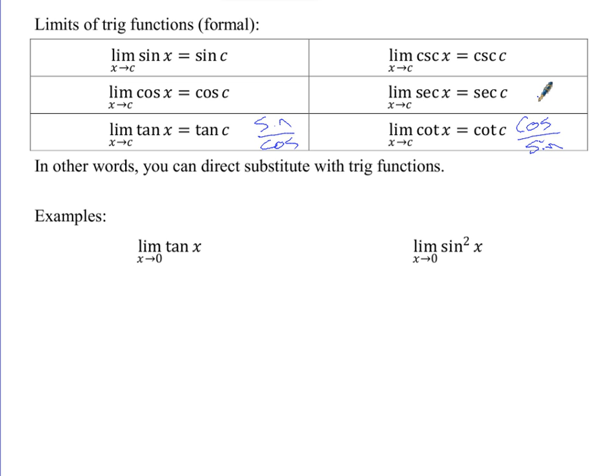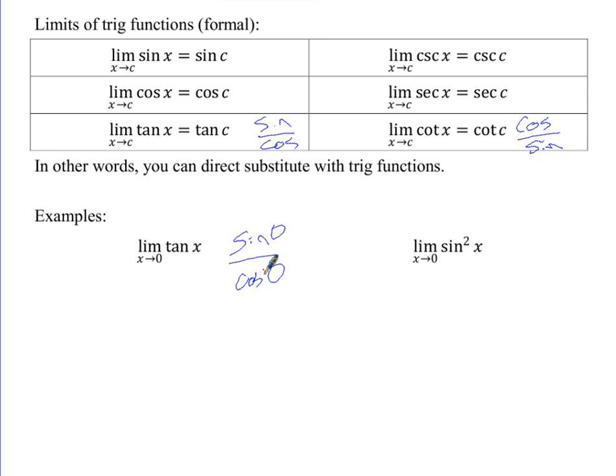What is the limit as x approaches 0 then of tangent x? The best way to do this, my suggestion, is to split tangent into sine 0 over cosine 0.